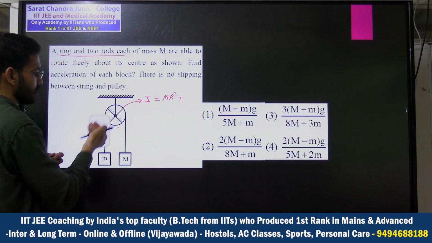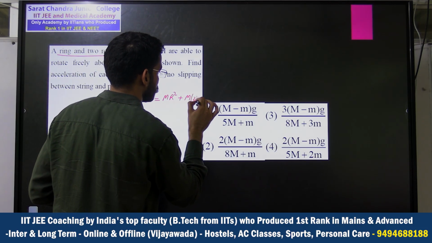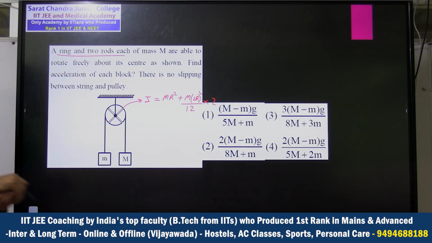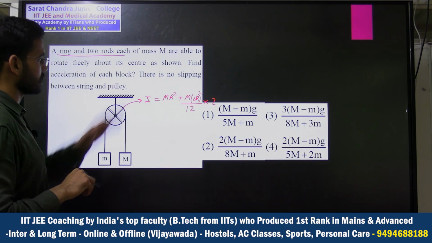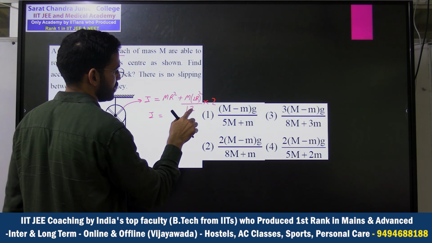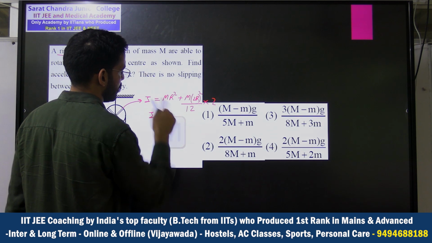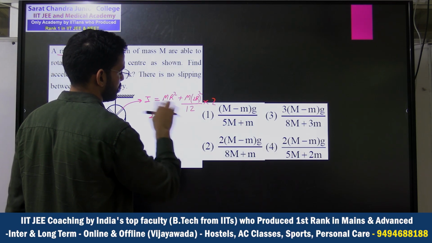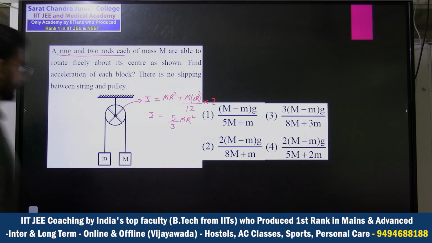So this is ml square by 12, where l is 2r, into 2 because 2 rods are there, both having the same mass, each of mass capital M. So this is the moment of inertia: 1 plus 4 by 12 into 2, which is 2 by 3, so 5 by 3 Mr square.